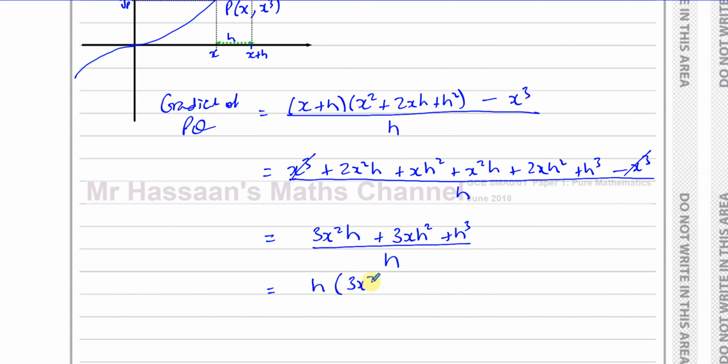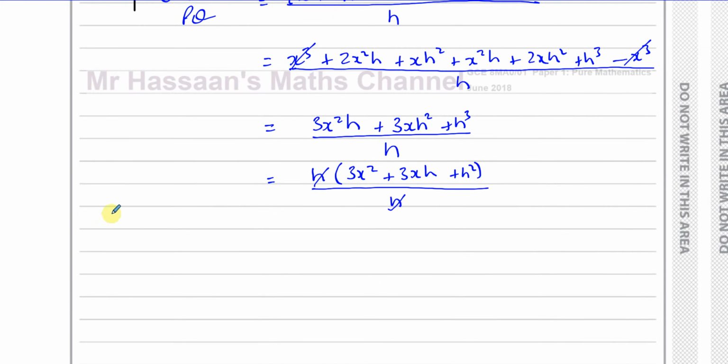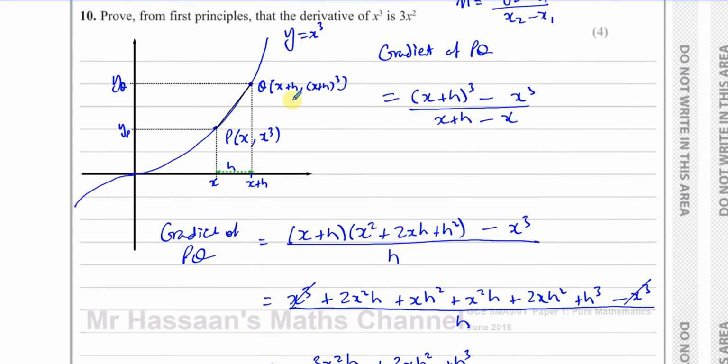Then I've got 3x squared plus 3xh plus h squared over h. And the h's cancel out. So the gradient of the line PQ is given by this expression: 3x squared plus 3xh plus h squared.